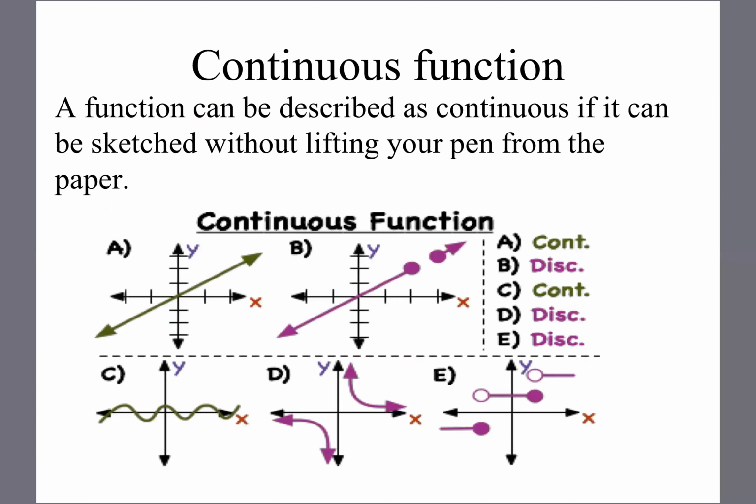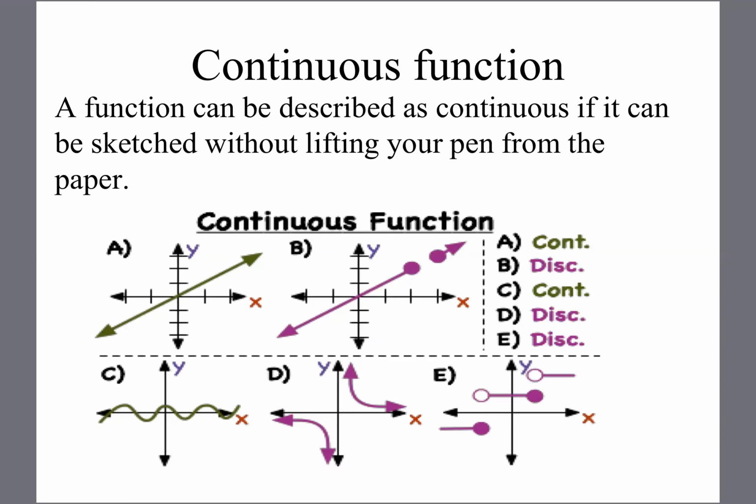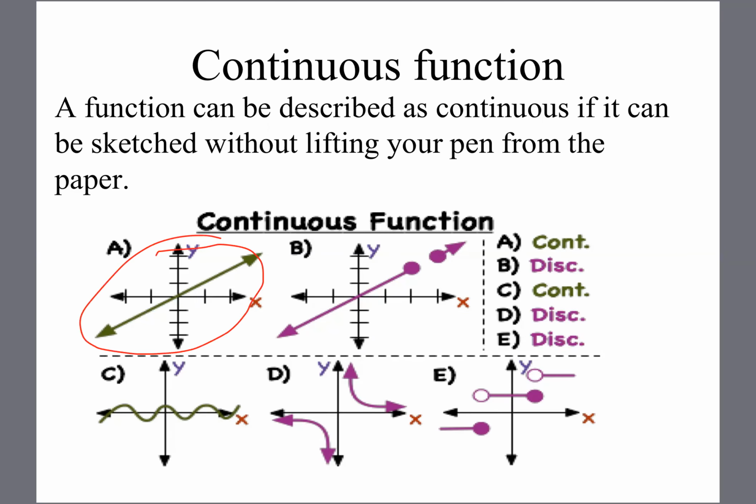So you can see in my slide, I have given 1, 2, 3, 4, 5 functions. When we consider function A, the first one, you can see a straight line. This function I can sketch without lifting my pen, from the starting point to the ending point.